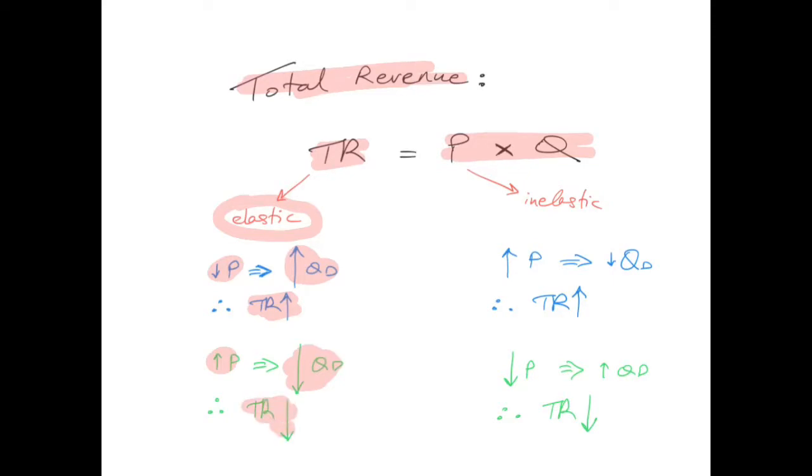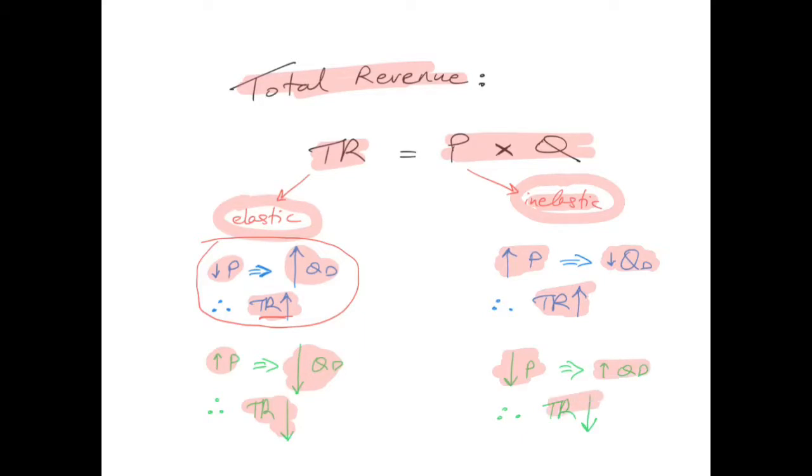So when demand is elastic, it's actually better to lower the price if the goal of the firm is to increase total revenue. Okay, let's have a look at the opposite scenario when demand is inelastic. When demand is inelastic, a rise in price will lead to a much smaller fall in quantity demanded. So total revenue will actually rise. And the opposite is true. A fall in price will lead to a much smaller rise in quantity demanded.